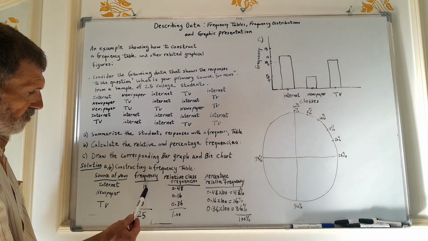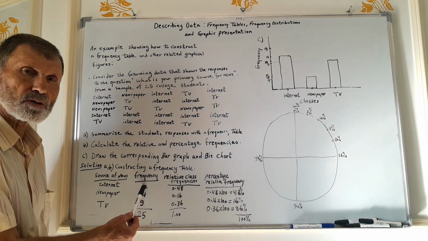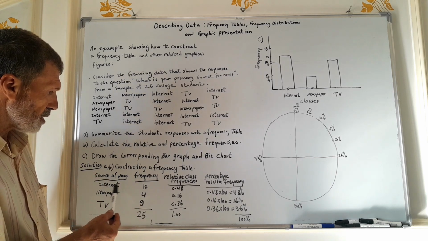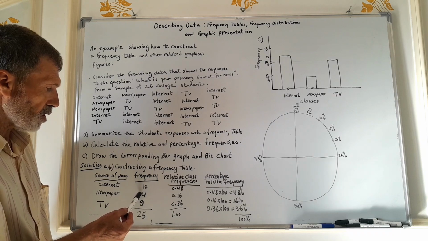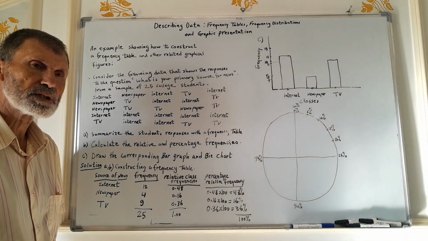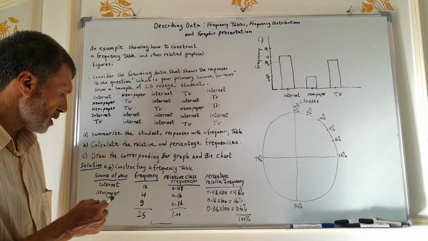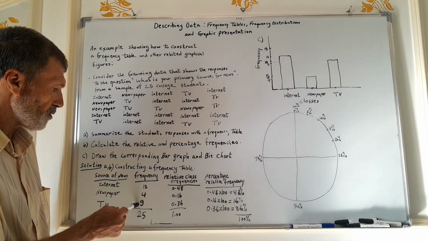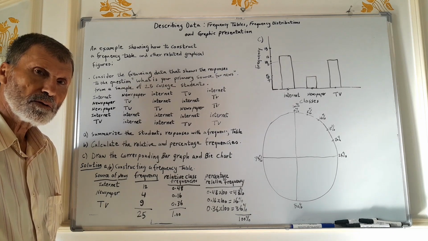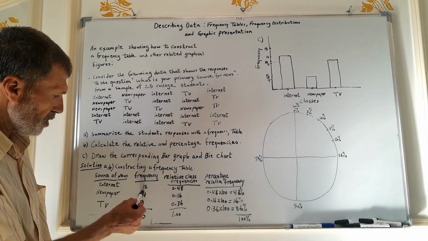So we have 12 individuals who said their primary source for news is internet. What about newspaper? 4 students responded that their primary source of news is newspaper. And TV, 9 students said their main news comes from TV. So these are the frequencies.